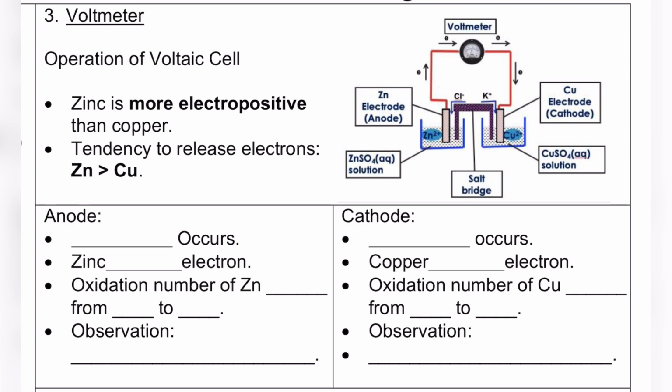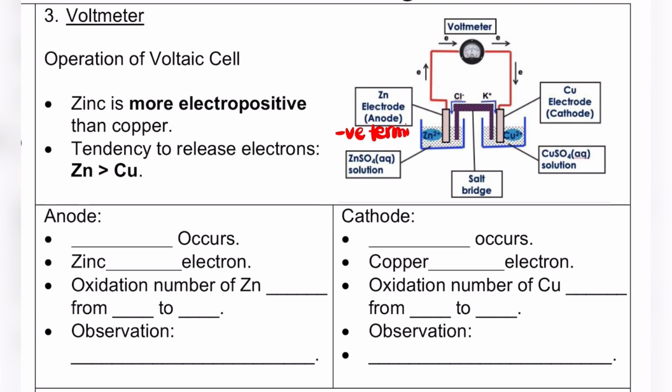So, as I mentioned before, based on this example, zinc is more electropositive than copper. So, the tendency for zinc to release the electron is much easier compared to copper. So, here you can see the zinc electrode is our anode. So, this is our negative terminal.